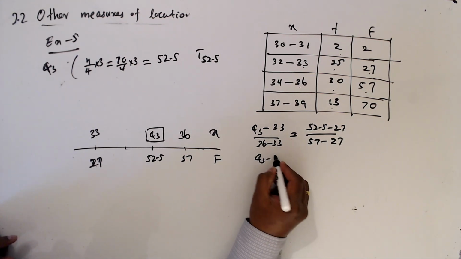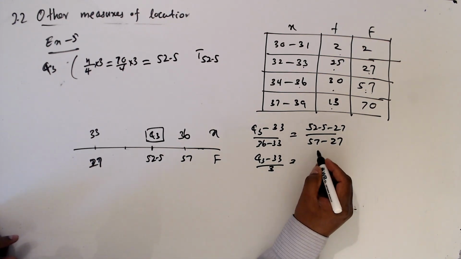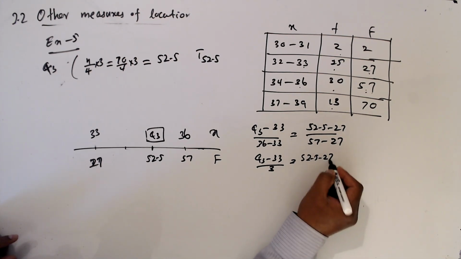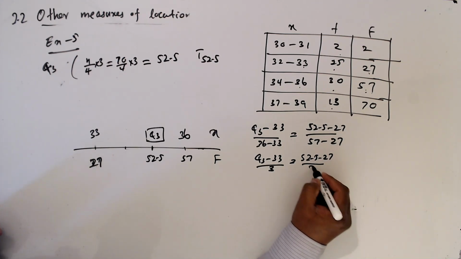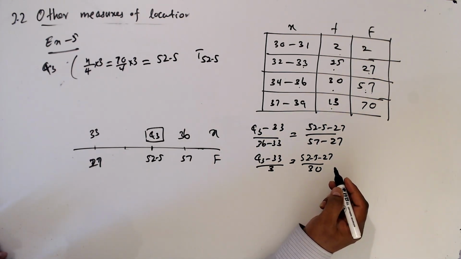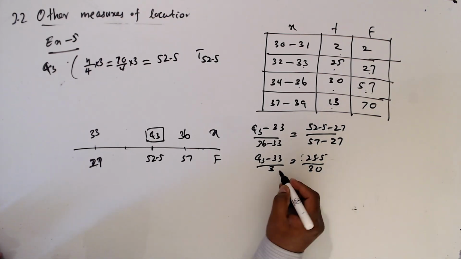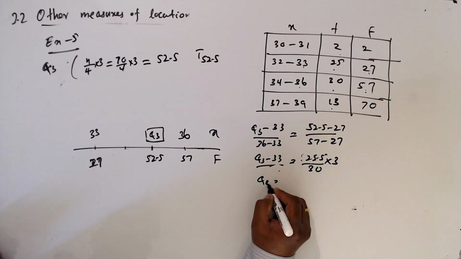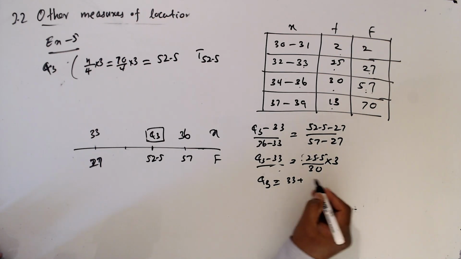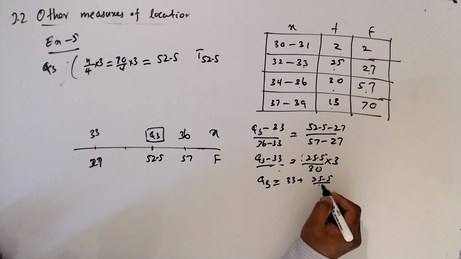So Q3 minus 33, this is 36 minus 33, which is 3, equals 52.5 minus 27. Now this is 57 minus 27, so this has to be 30, and this is 25.5. Then cross multiply by 3, and then Q3 is, take this 33 to the other side, 33 plus 25.5 over 10.